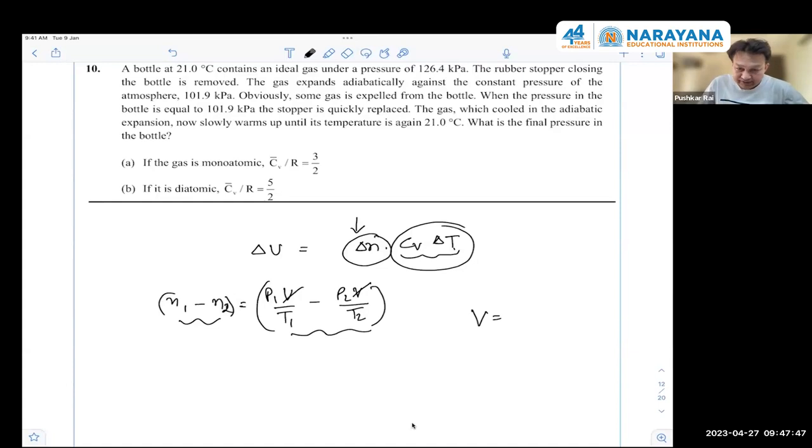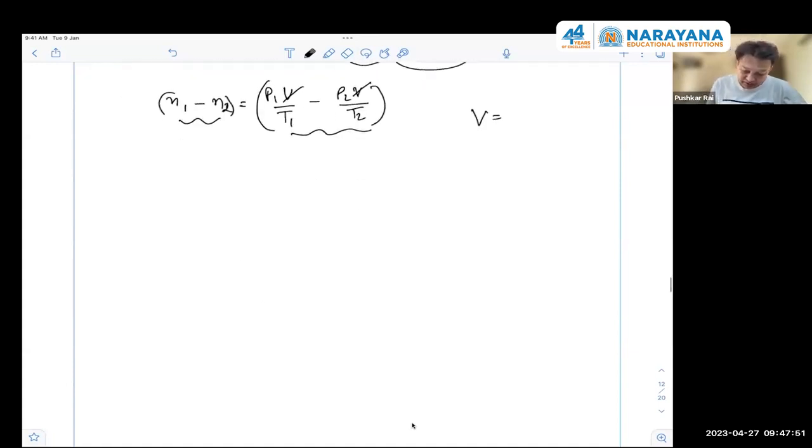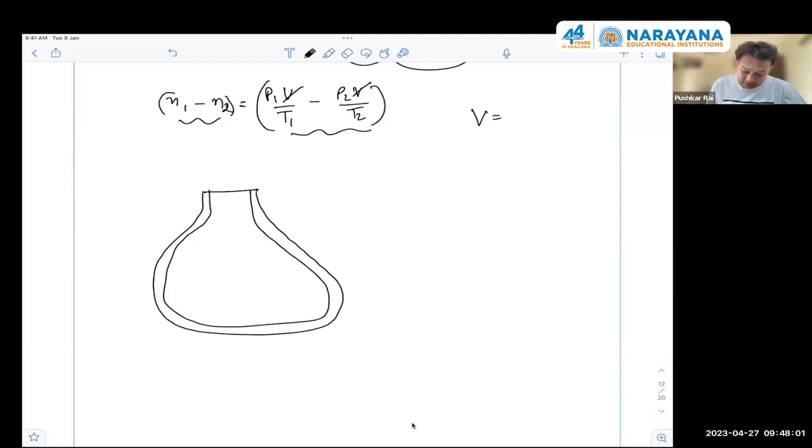So since you have exchanged some ideas, I think it's natural that I will ask you this. The thing is like this. It's a bottle like this. It must be an adiabatic vessel. Some pressure was there, let's call this pressure P1. Outside pressure, let's call it P2. You opened the lid, gas rushes out.